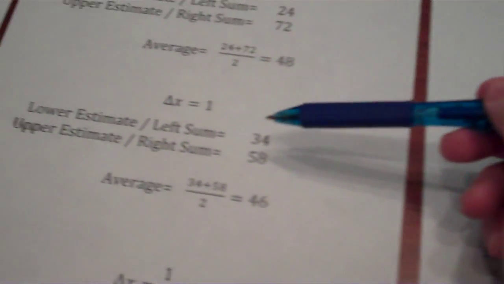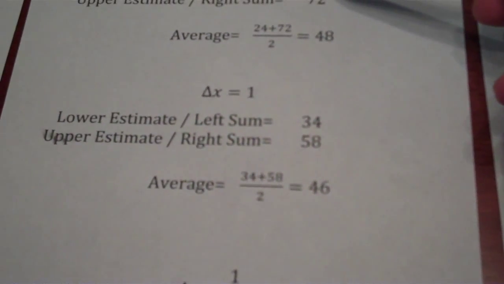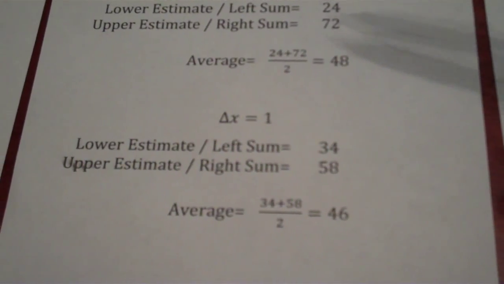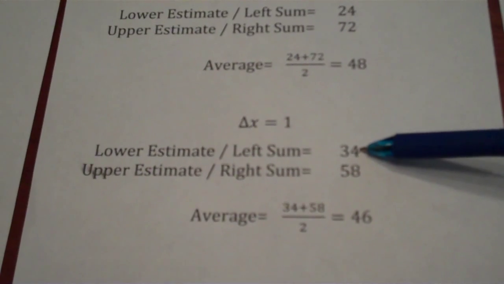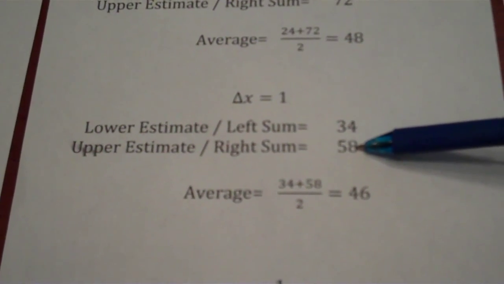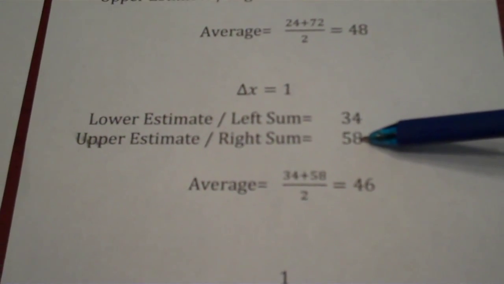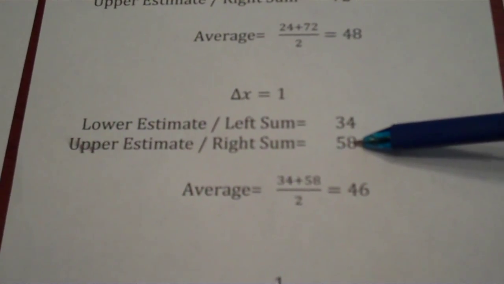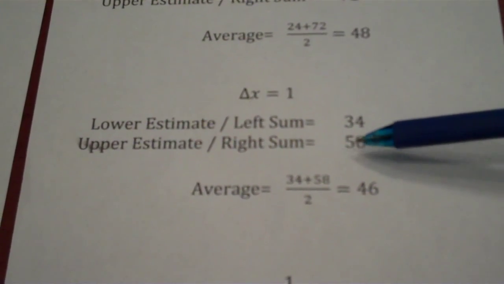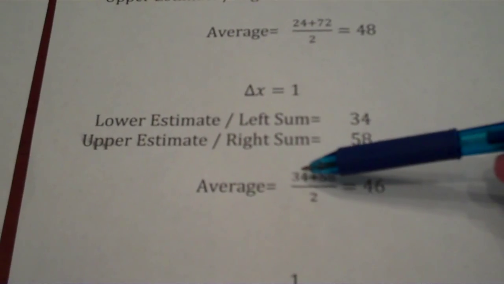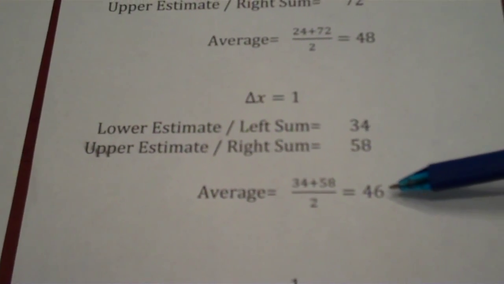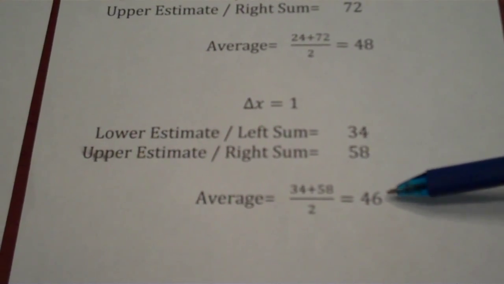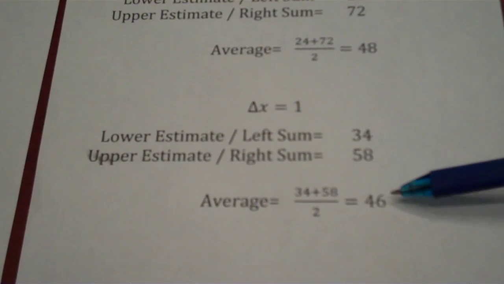This time, instead of thinking it's between 24 and 72, I have now confirmed that my real answer is somewhere between 34 and 58. It's a much tighter range of values that I have to deal with. This time, too, when I took the average to find the value between 34 and 58, I got a middle value of 46. So I got a much better estimate of what I think the real value is.